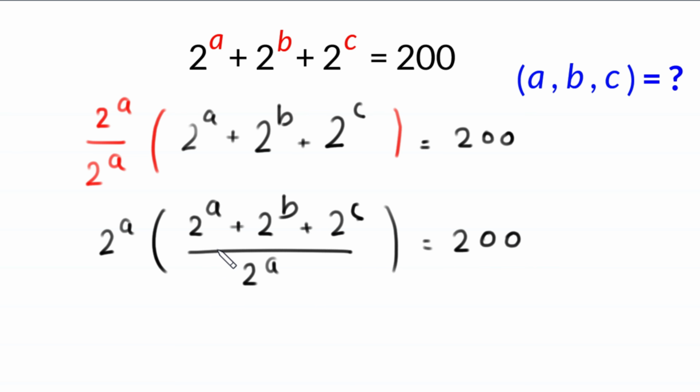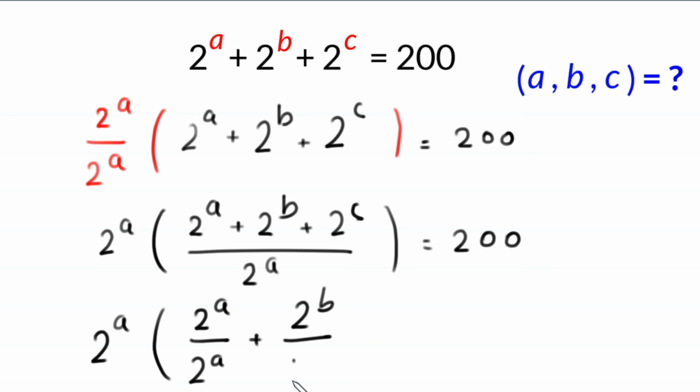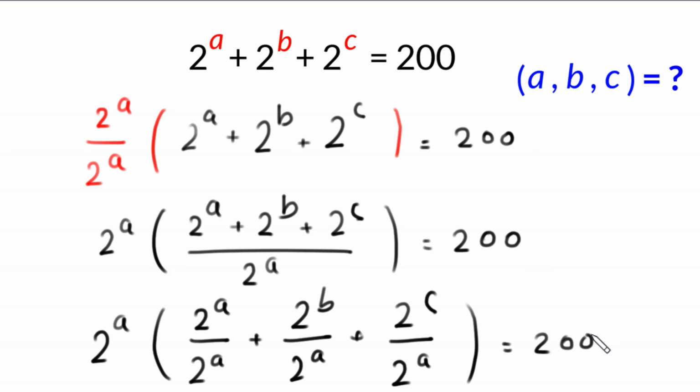Now this expression can be written as 2 to the power a times (2 to the power a divided by 2 to the power a plus 2 to the power b divided by 2 to the power a plus 2 to the power c divided by 2 to the power a) equal to 200.